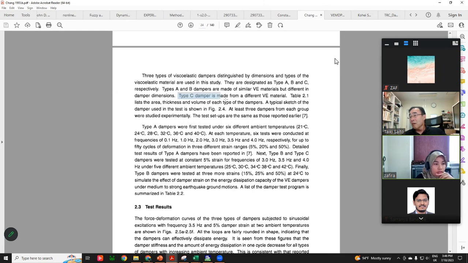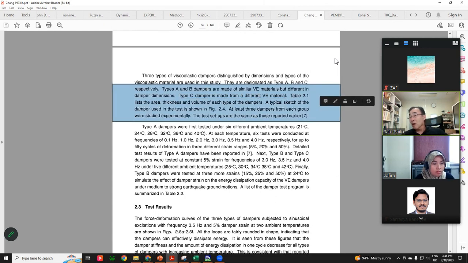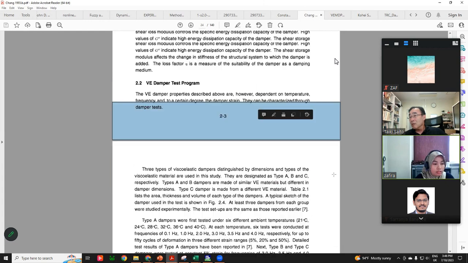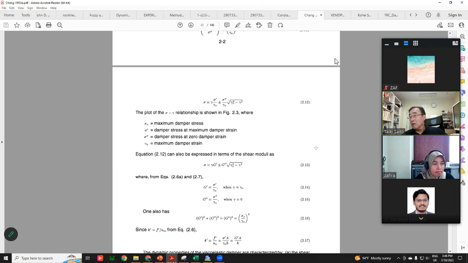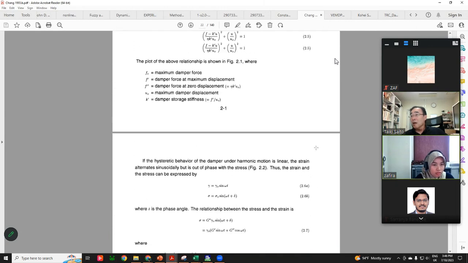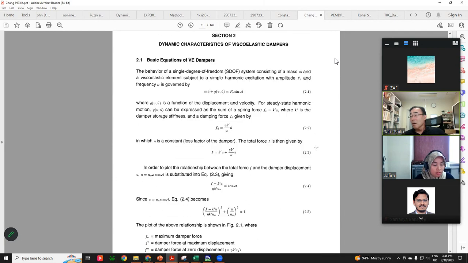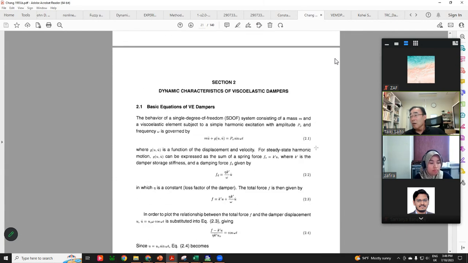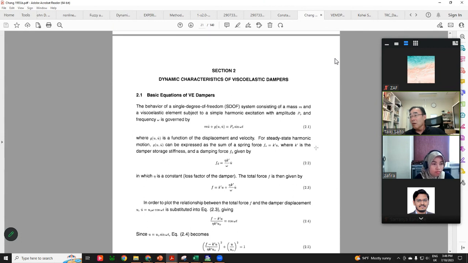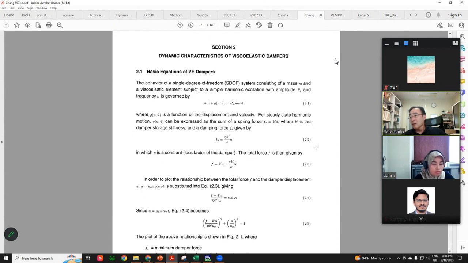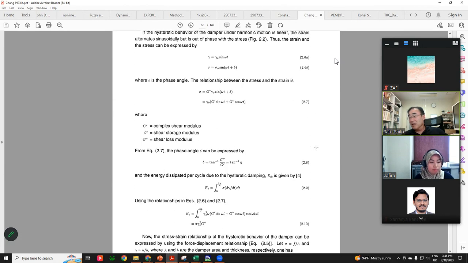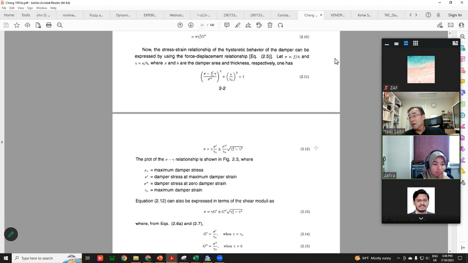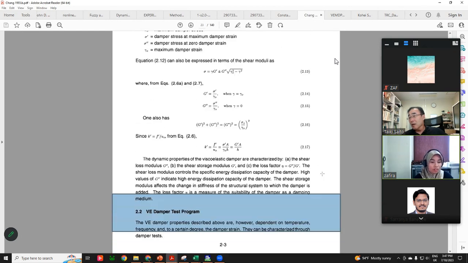This one, type C, is different. Could you go up? Questions. What kind of rubber? It's a rubber, right? Yes, I will try to find out what kind of rubber they use.